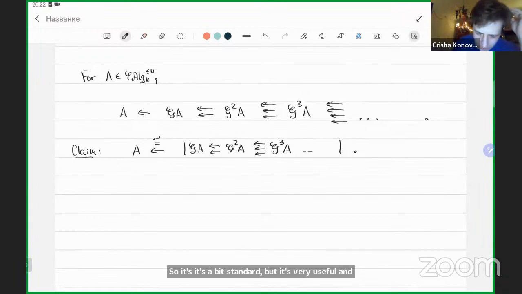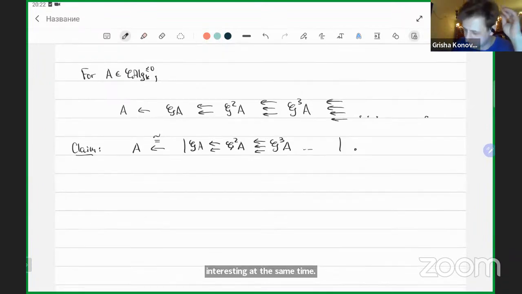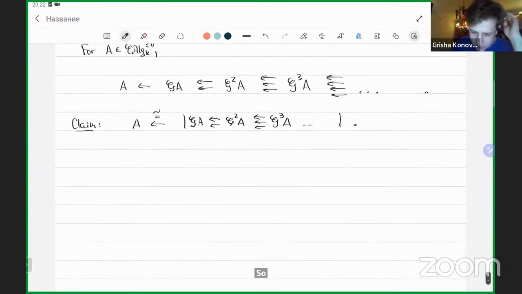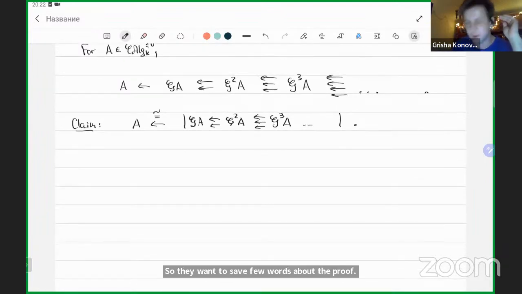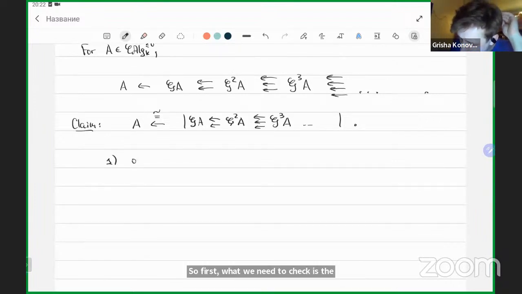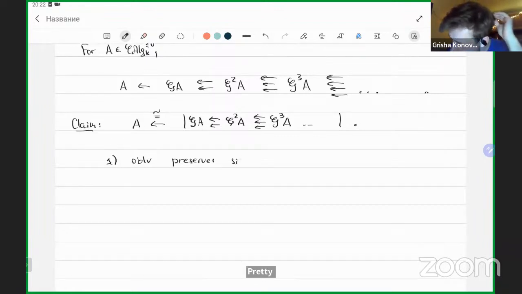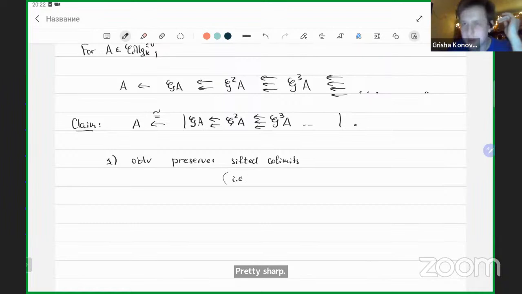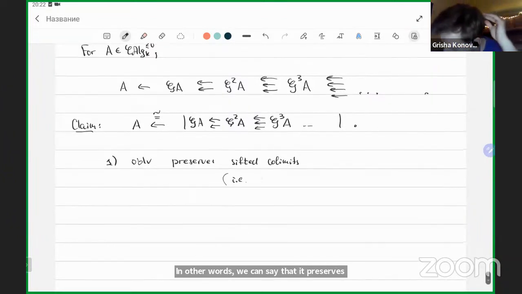So first, what we need to check is that the forgetful functor preserves filtered colimits and geometric realizations.